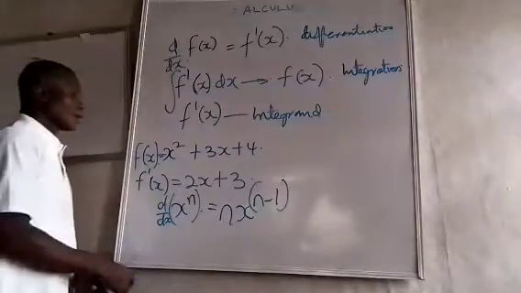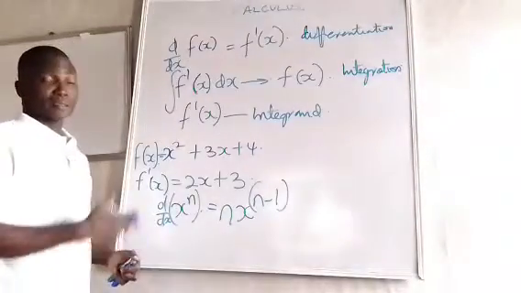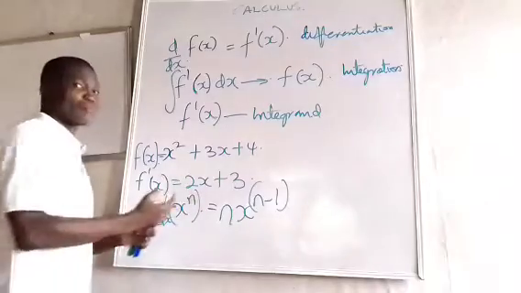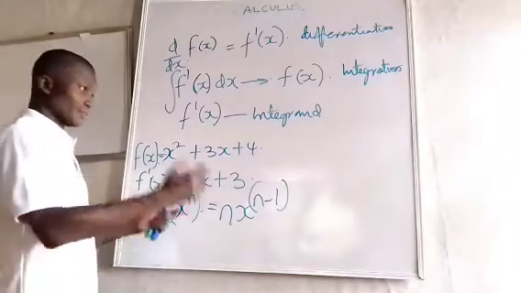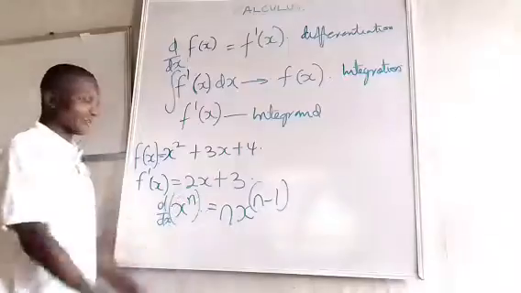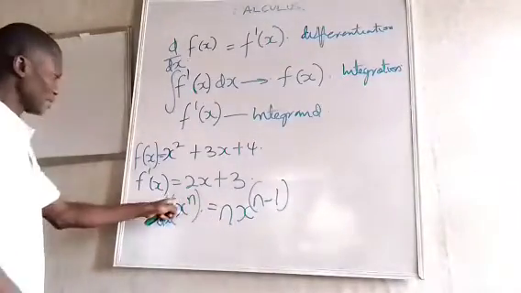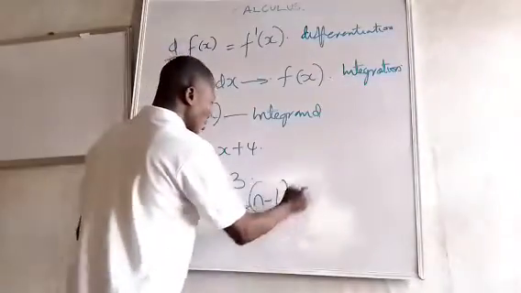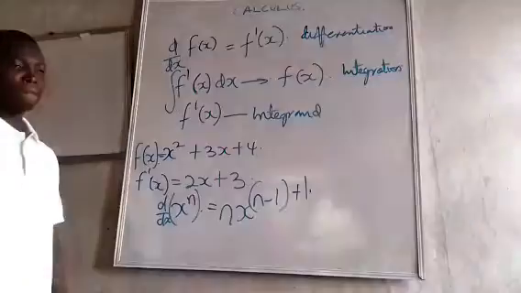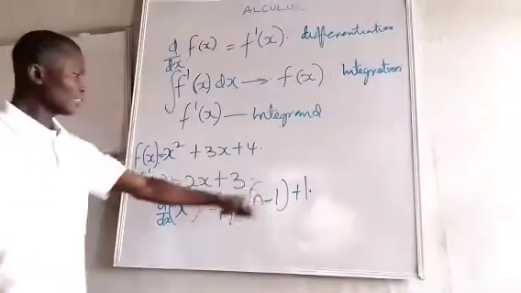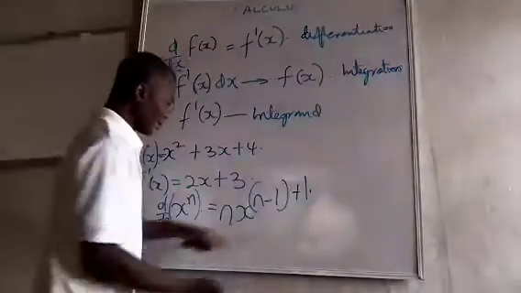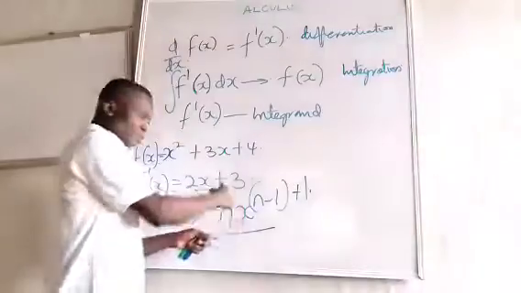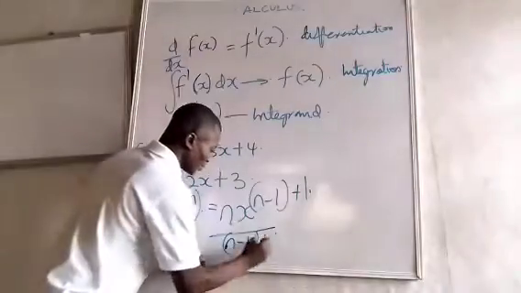Remember, it is just like when you are doing things like changing the subject of a formula, or changing the base of a logarithm and all this stuff. If you want to reverse back to this, you start from the last thing done. What will you do? The first thing is you add 1 to this power. And then you divide by n minus 1 plus 1.